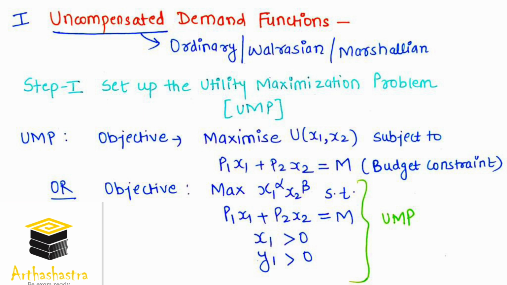So we will now solve for uncompensated demand functions. While solving for them, we first need to set up the utility maximization problem. So we write down step 1 as: set up the utility maximization problem, or UMP.